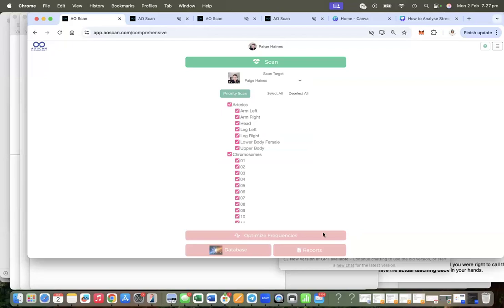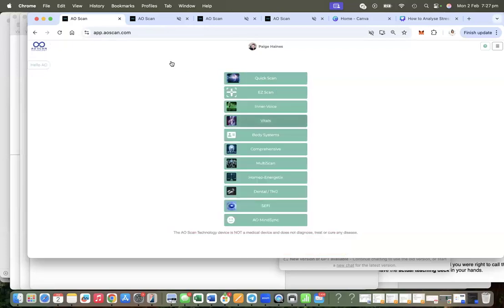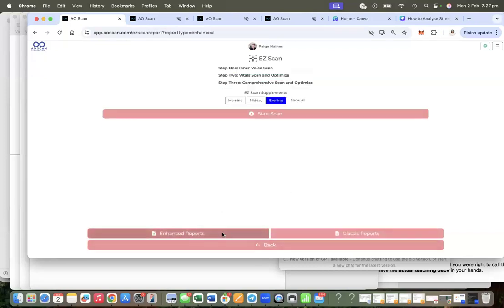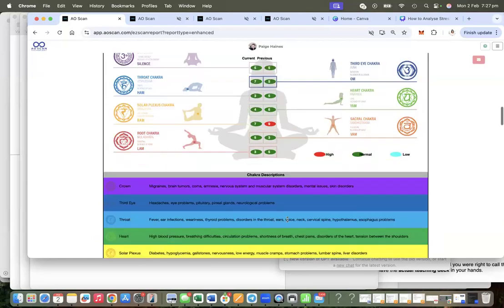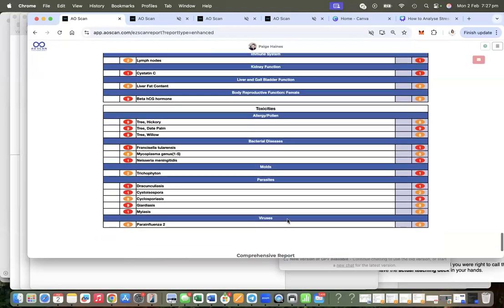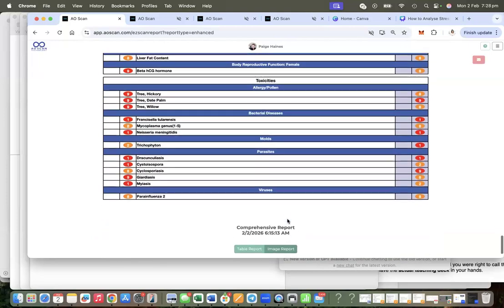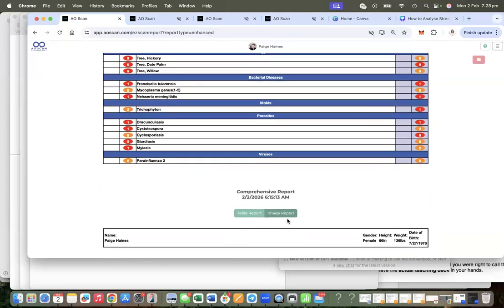Let's try custom. No. Okay. Forget that. Let's go into my easy scan from this morning. And maybe this is an easier way of looking at it from a comprehensive. And nothing. So not today. You're not going to get to see my comprehensive tonight.